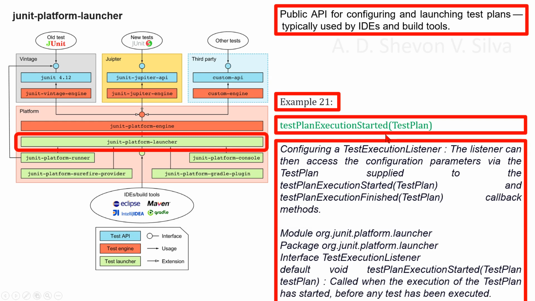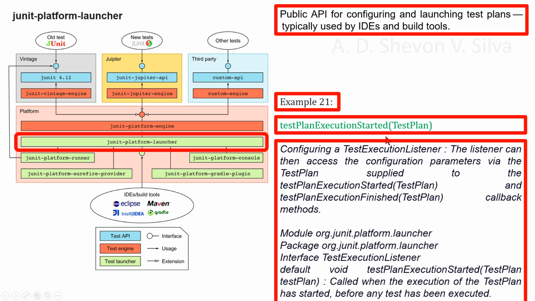When a test execution listener is registered programmatically via the Launcher API, the listener may provide programmatic ways for it to be configured, for example, via its constructor, setup methods, etc. However, when the test execution listener is registered automatically via the Java service loader mechanism, there is no way for the user to directly configure the listener.